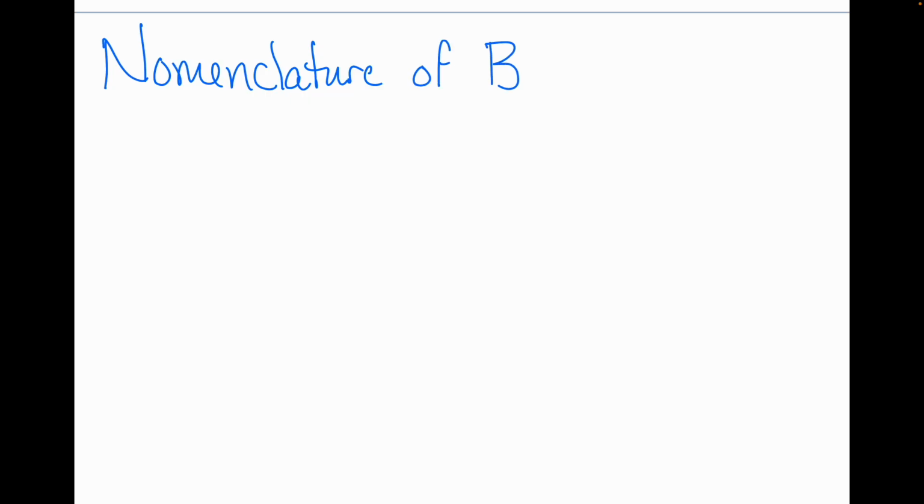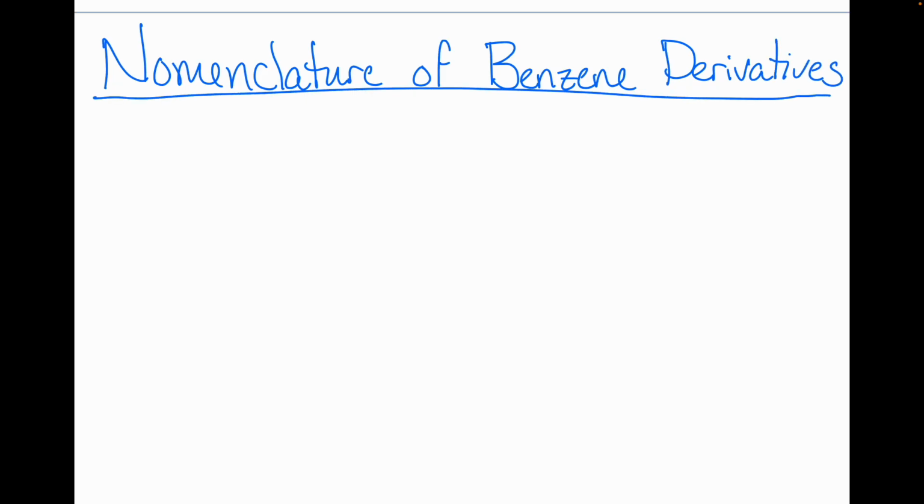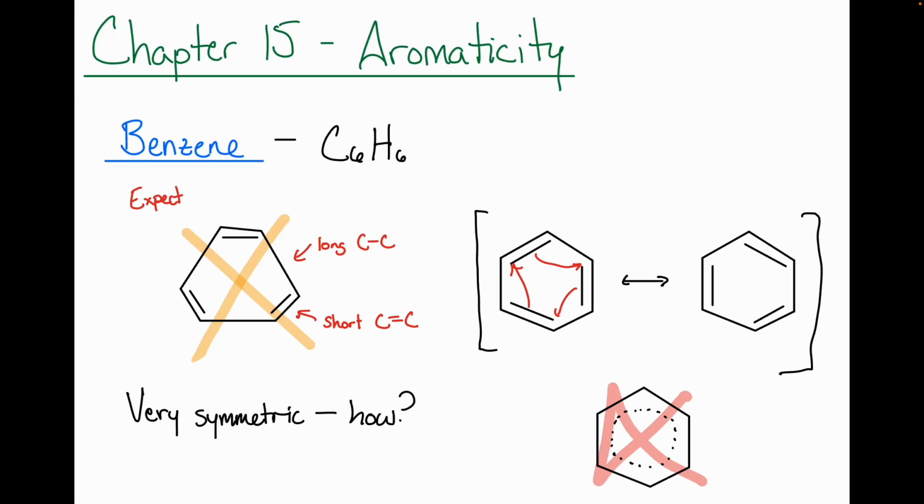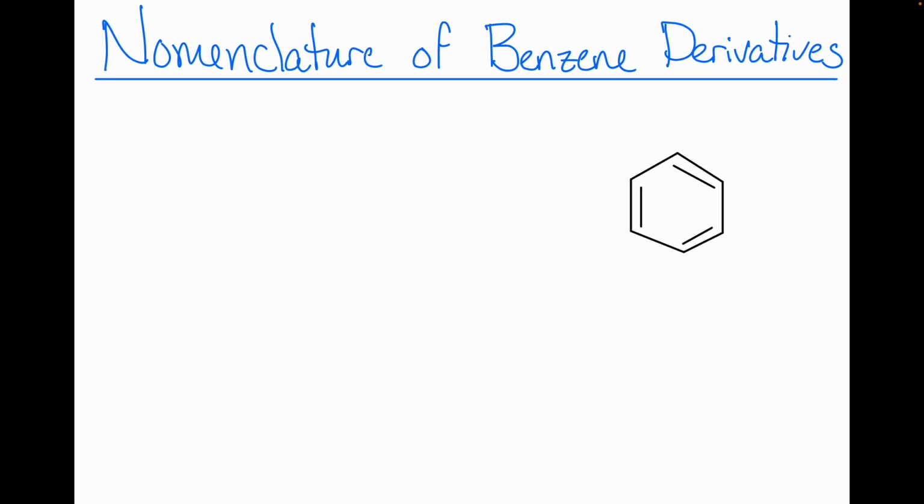All right, cool. So we're going to start this chapter talking about how we name these benzene derivatives, nomenclature of benzene derivatives. Grab a ring here. If we just had this ring all by itself, that would be benzene, all right?